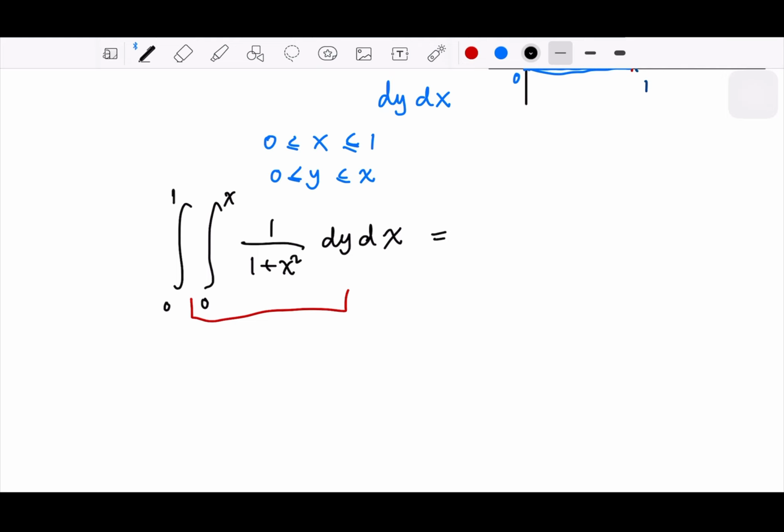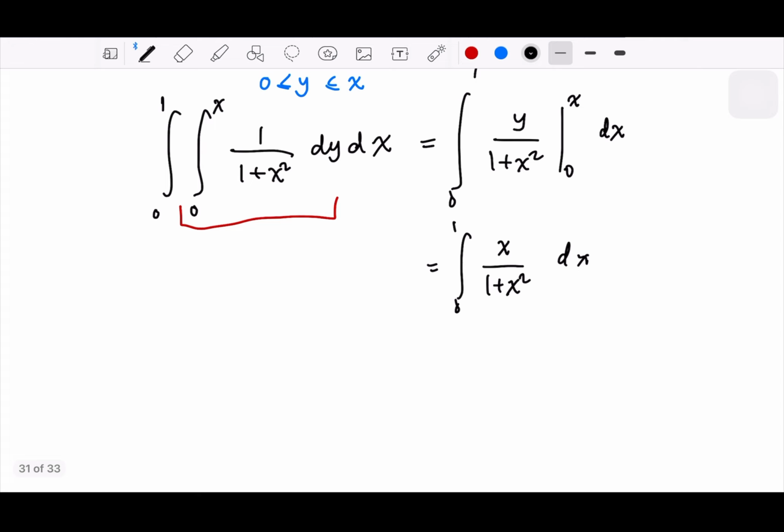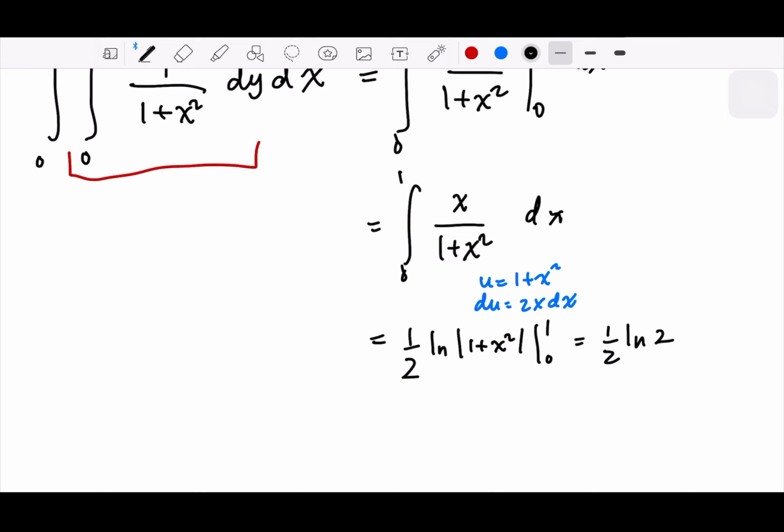Okay, let's say we could have this. So we could have some substitution, and then we have this is half, and then ln of 1 plus x squared from 0 to 1, and this is half ln 2.